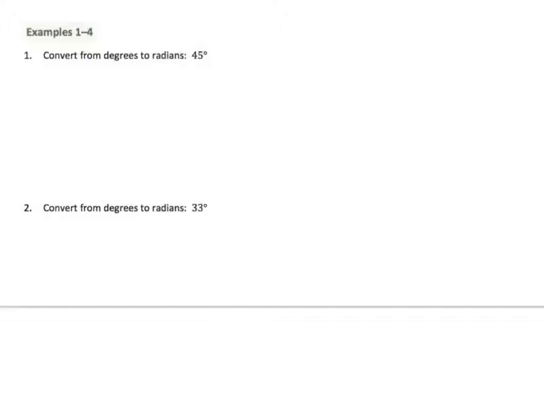Okay, instead of emphasizing conversion formulas for switching between degrees and radians, we're going to talk about both systems as fractions of a turn. So a 60-degree rotation is 1/6 of a turn, right? Which is pi over 3 radians.